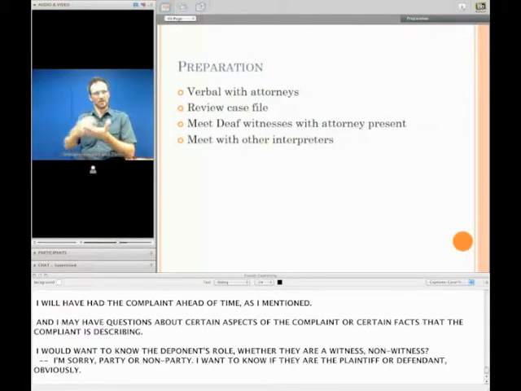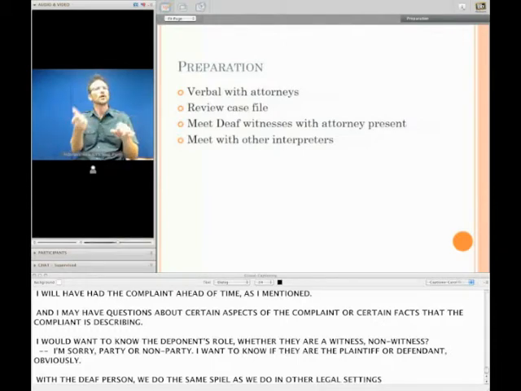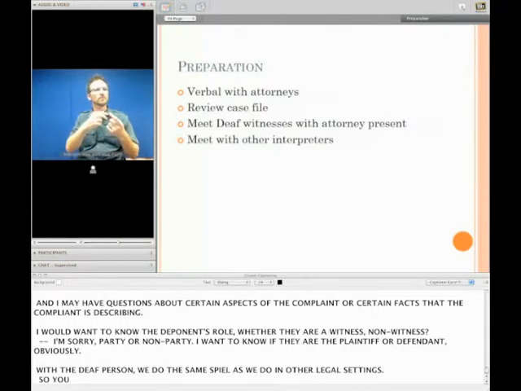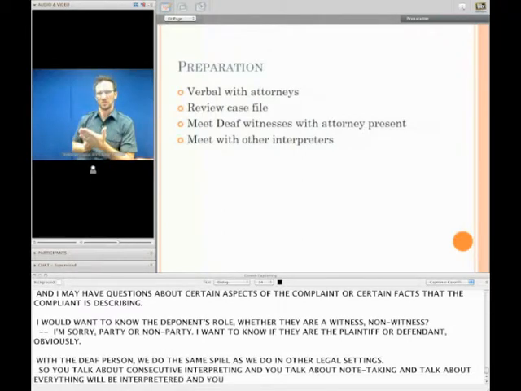With the deaf person, we do the same spiel as we do in other legal settings. So you talk about consecutive interpreting, you talk about note-taking, you talk about everything will be interpreted, you talk about when I speak for the record or speak for myself, that will not be interpreted, which is one of the questions somebody just had.